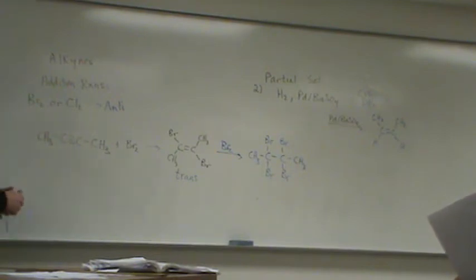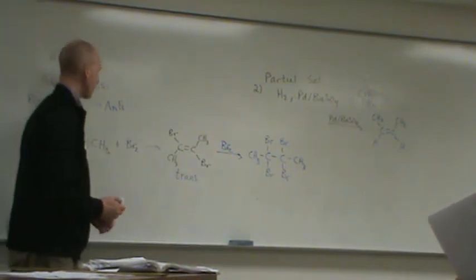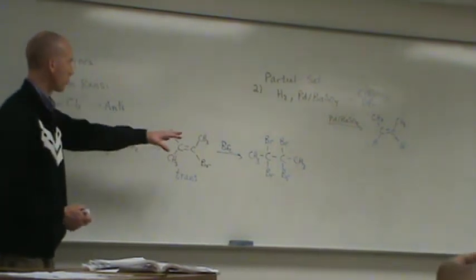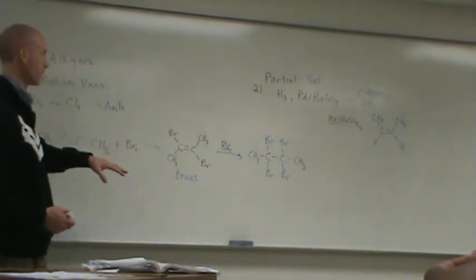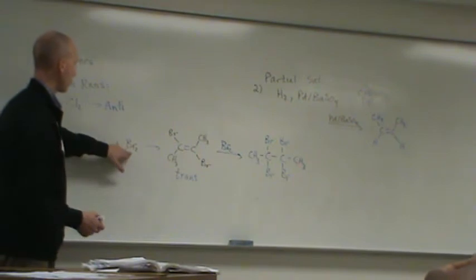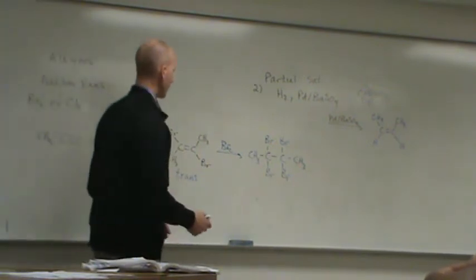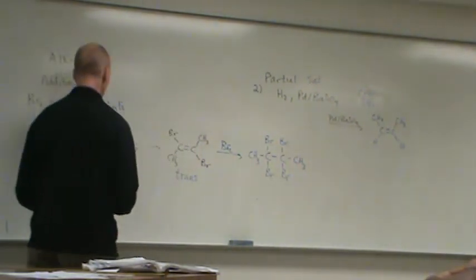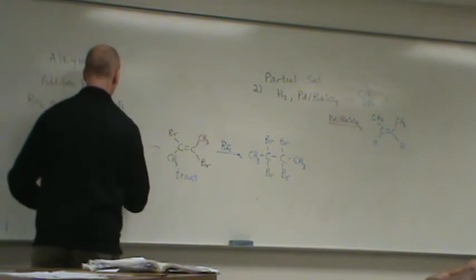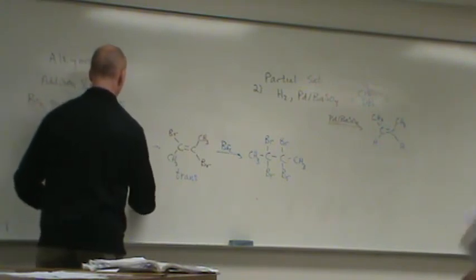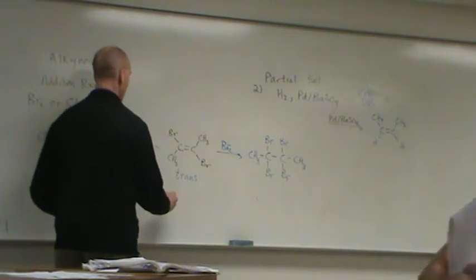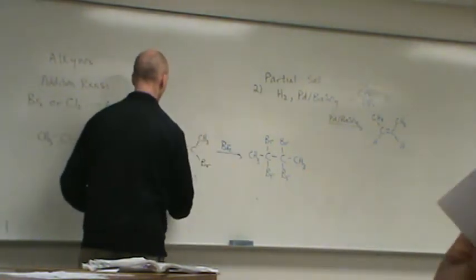So to summarize that, okay, how do you know which one you're going to get? This is the way you know. If I react with 1 Br2, I get the trans. If I react with 2 Br2, then we get that thing there.